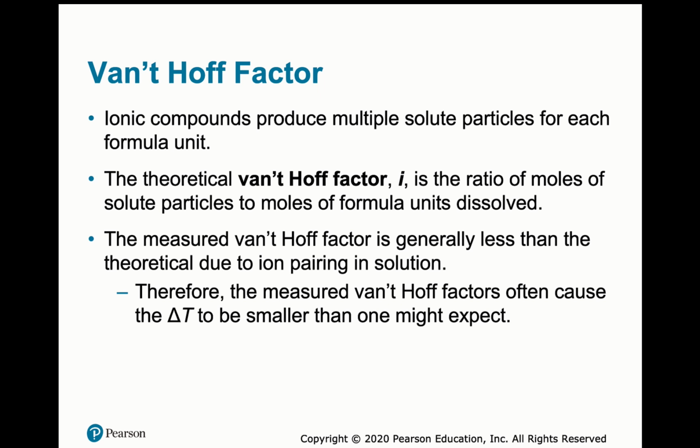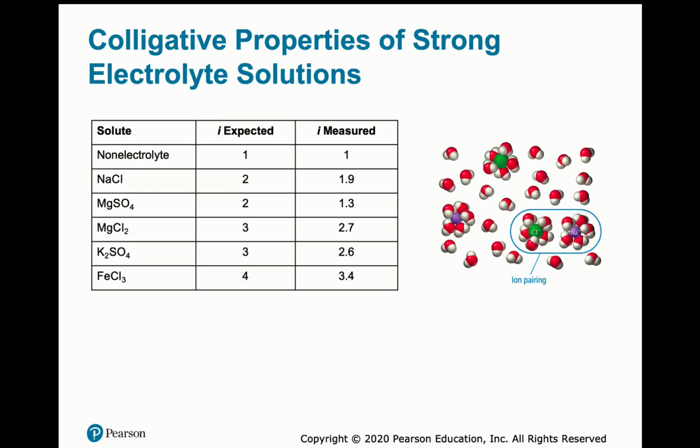The van 't Hoff factor. I mentioned that these colligative properties are based on the number of particles. The van 't Hoff factor, though, is what we actually observe. So it's usually less than the theoretical value. Where does the van 't Hoff factor come into play?